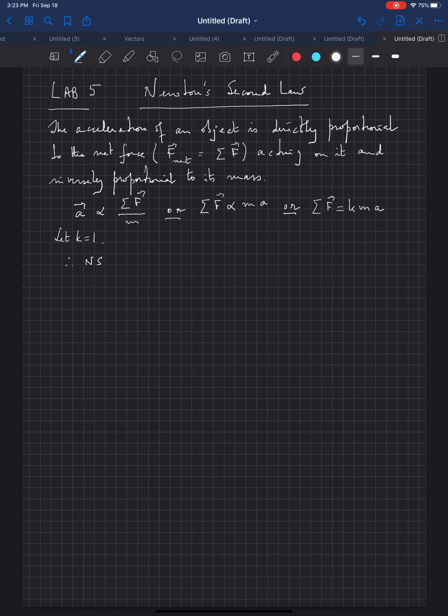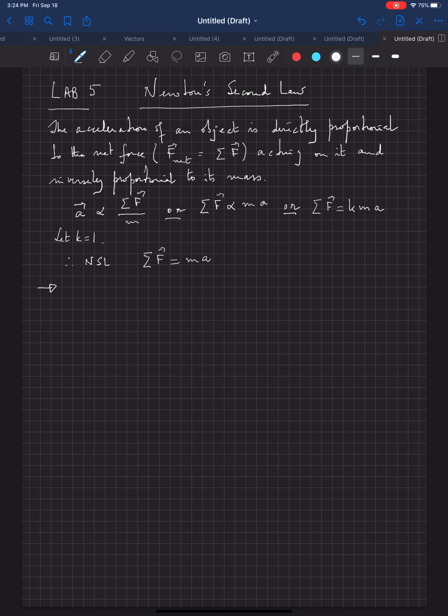Newton's second law, the statement of it is that the summation of all the forces acting on an object equals ma. All right, so that's the statement of the law. An important point here is that the second law holds independently for each coordinate direction.